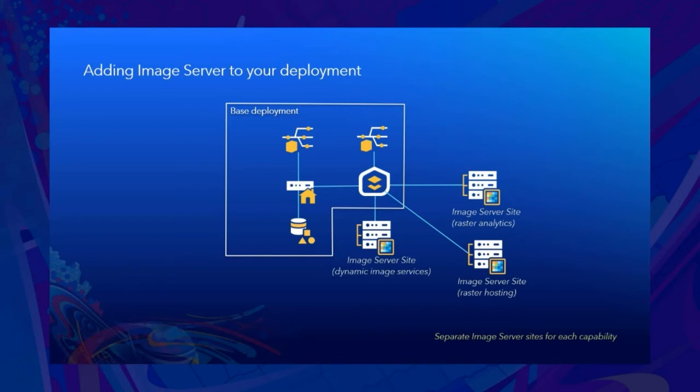We can also add additional image server sites and then designate those in the roles for the portal where we can say, hey, this is our image server that's going to do raster hosting and enable those workflows where I can create an image service from a file that I have on disk. And then we can also have one that will be in the raster analytics role and allow us to do those raster-based analyses within our enterprise environment.